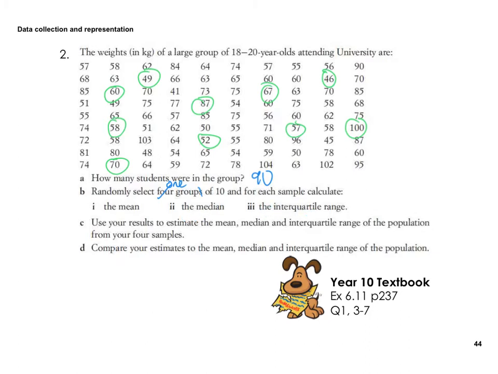Now, if you're struggling to pick 10 random numbers, you actually can use a calculator as a random number generator. All you need to know is what the lowest number is in here and what the highest number is, and you can put it into a random integer. So to do that, let's write here: ran integer.